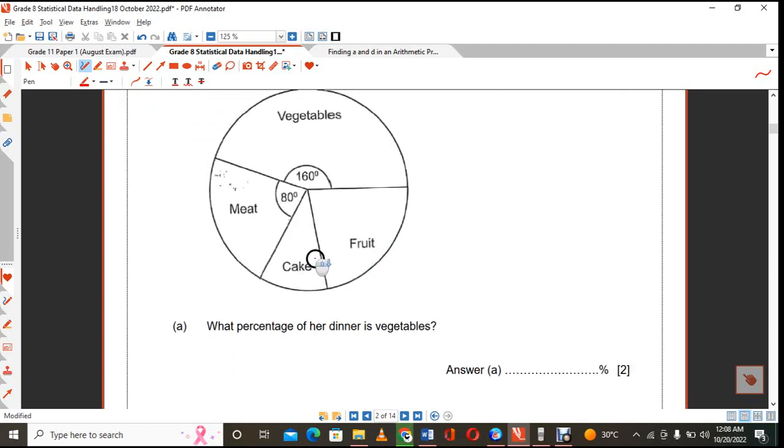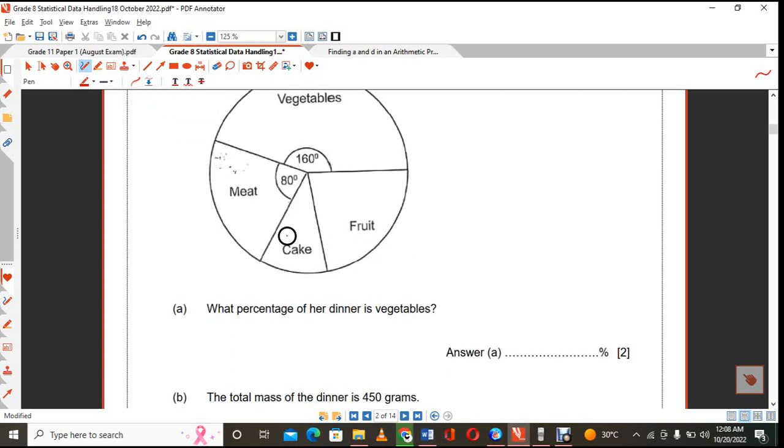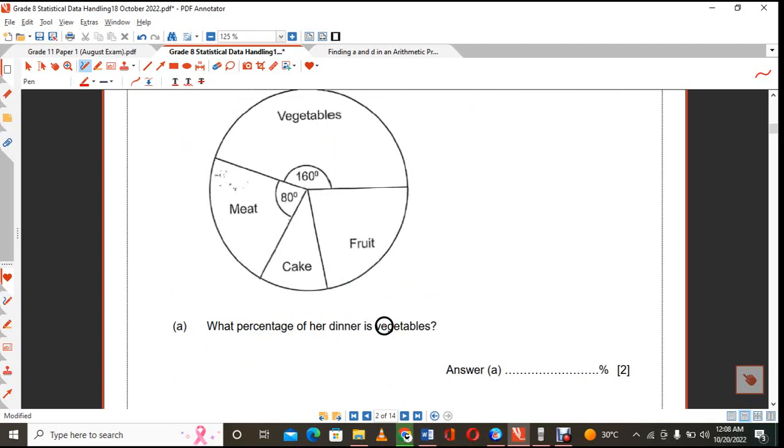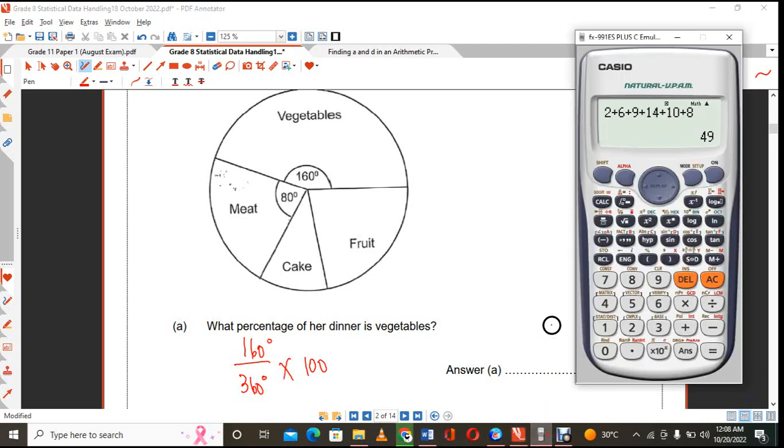They are asking what percentage of her dinner is vegetables. Vegetables is represented by 160 degrees, and the whole thing should add up to 360 degrees. So we multiply that by 100% to find the answer. You say 160 upon 360, and you multiply that by 100.